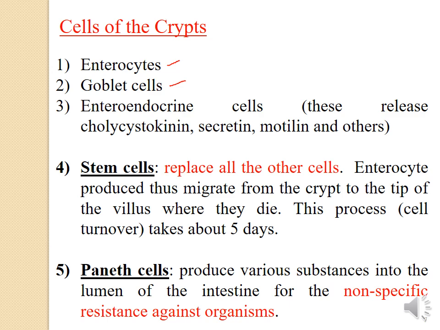They continue to migrate until they reach the tip of the villus where they die. This cell turnover takes about 5 days. So every 5 days we have the formation of new enterocytes. Paneth cells produce various substances into the lumen of the intestine for non-specific resistance against organisms.